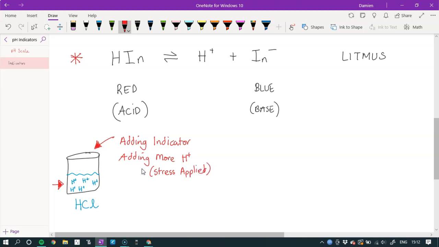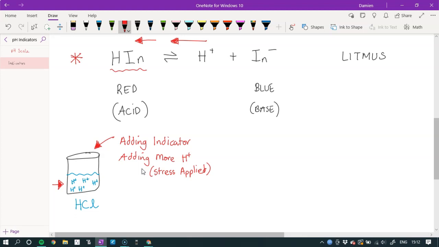So what does the system do? The system will go in the opposite direction to swallow up those H pluses. So in this particular equation, it goes in this direction. Why? Because going from right to left uses up the H pluses to form HIN.